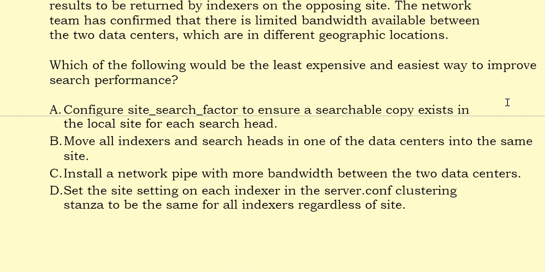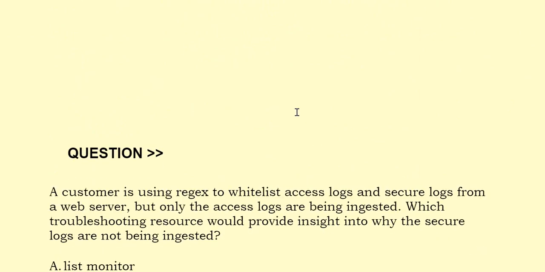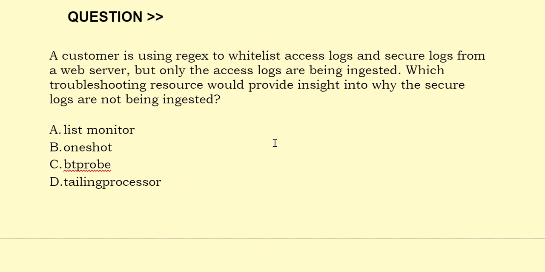Option D, set the site setting on each indexer in the server.conf clustering stanza to be the same for all indexers regardless of site. The correct answer is option A. Moving towards the next question.